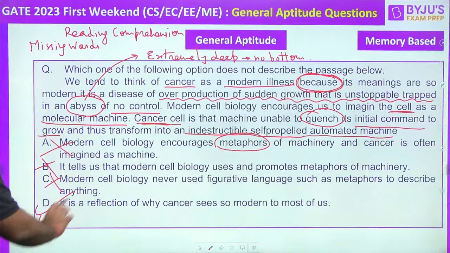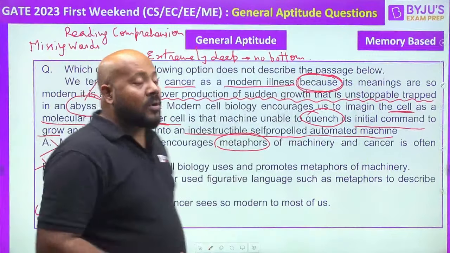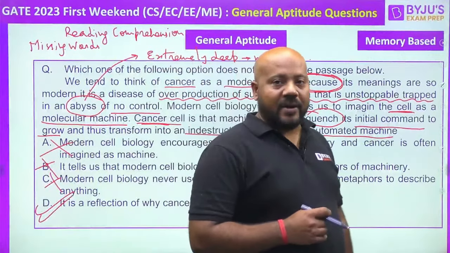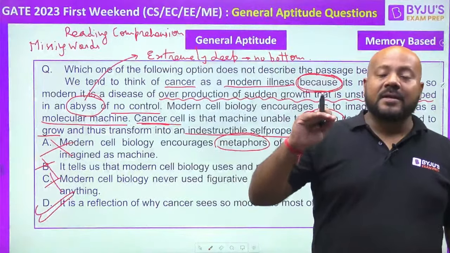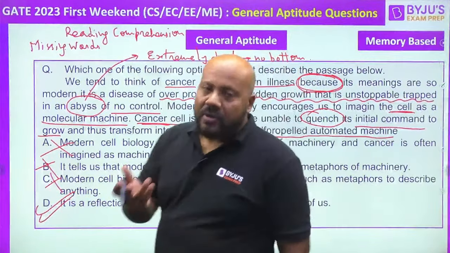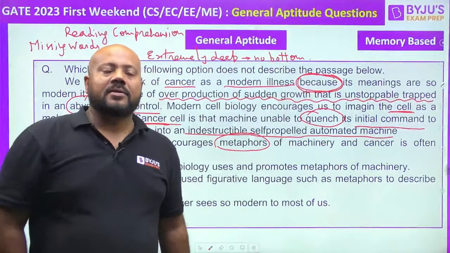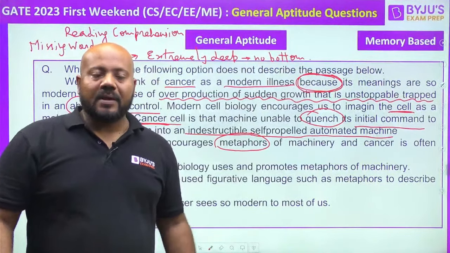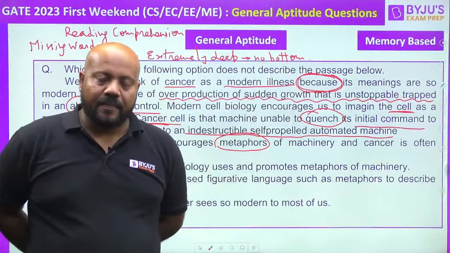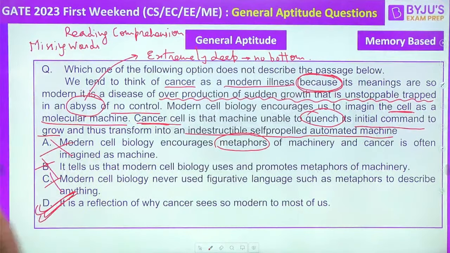D is 100% correct: it is a reflection of why cancer seems so modern to all of us. Are you getting this? The way cancer is being defined nowadays, it looks like a new illness. That is not true. Since humans have existed, there must have been instances of cancer. Yes or no? So D is the correct option.